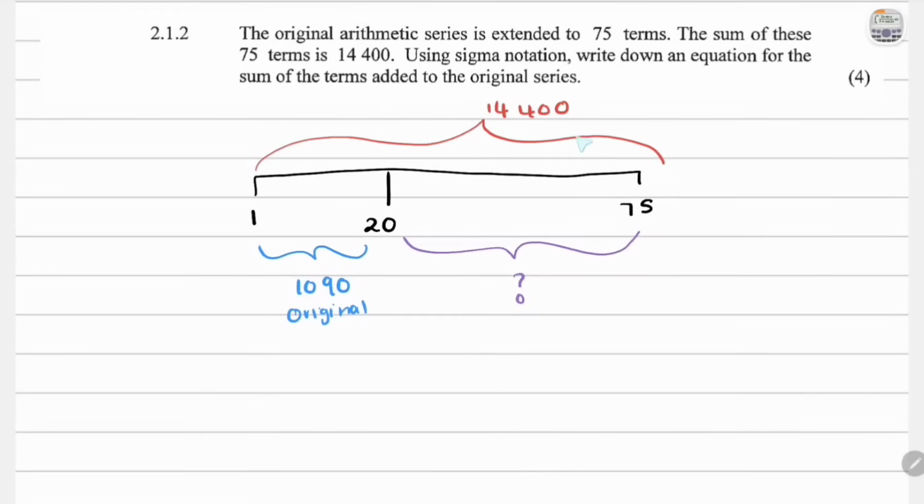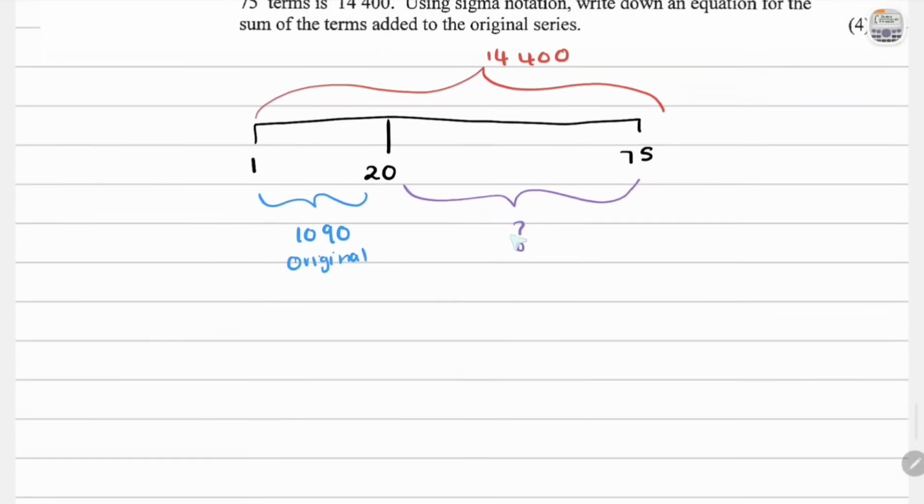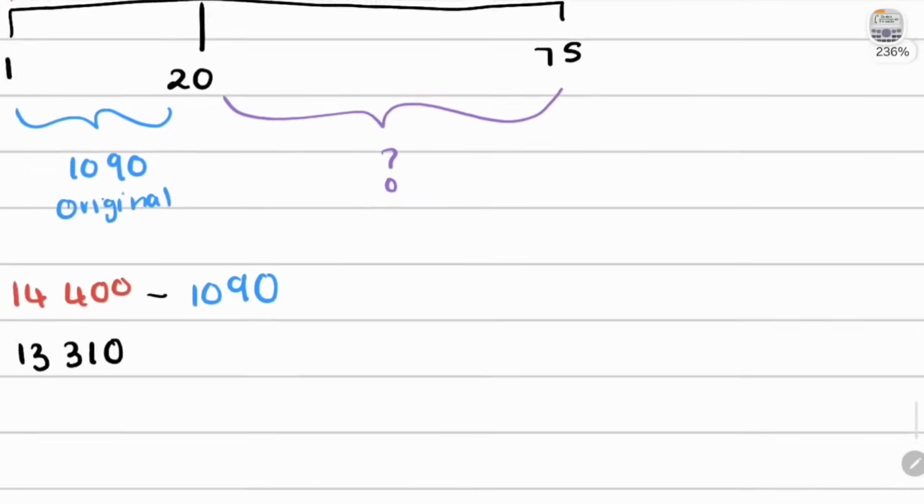So if this one adds up to 14,400 and that adds up to 1090, then the remaining part, that sum we're looking for, is going to be 14,400 minus the 1090. And this would add up to 13,310.